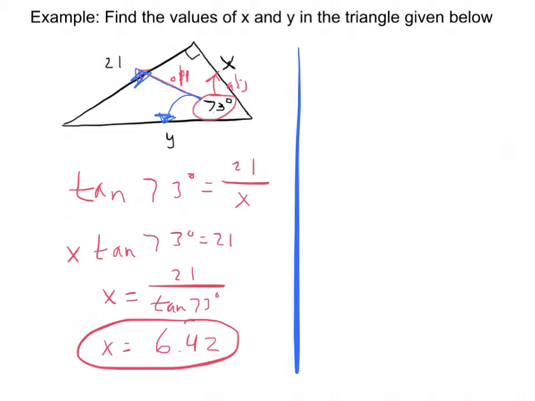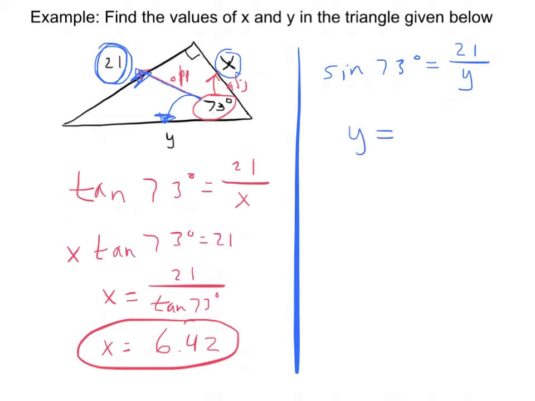You could have used cosine because now we do know x, but personally I always like to go with sides that were given to me in the problem because it means I don't have the chance to mess up. I get to use values that were already given to me. So the sine of 73 degrees is the opposite side, 21, over the hypotenuse, which is y. We're going to do the same thing we did in the previous problem.